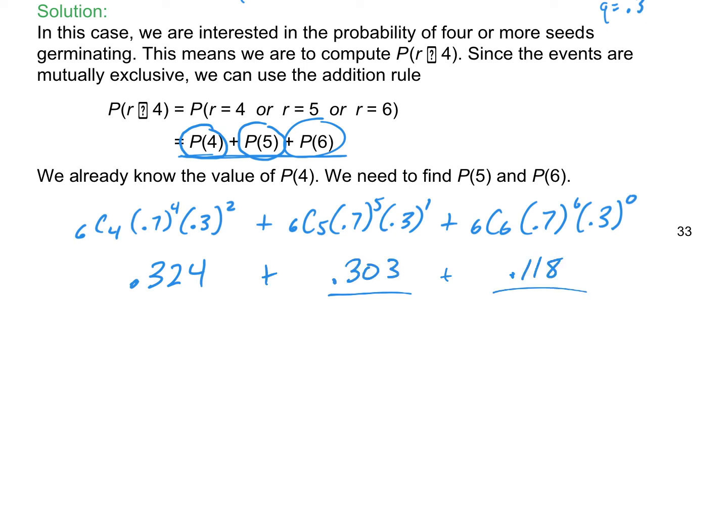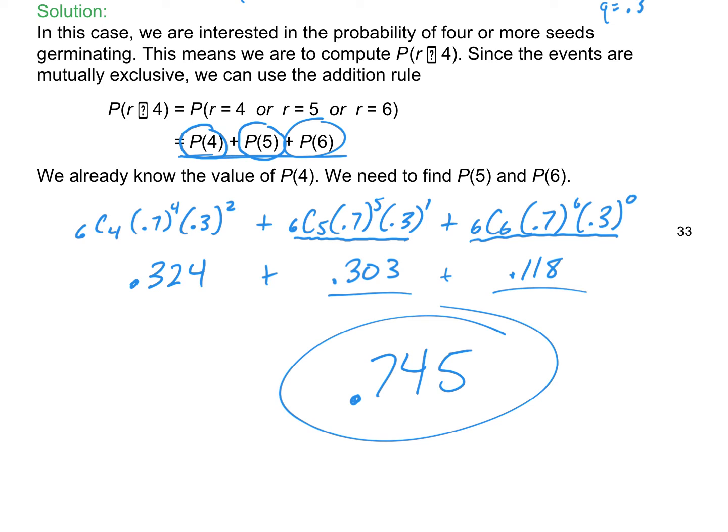Okay, so plugging this into my calculator, I got 0.303. Plugging all of this into my calculator, I got 0.118. We add it together and get 0.745. Final answer. All right. That is at least 4 of these seeds germinate.